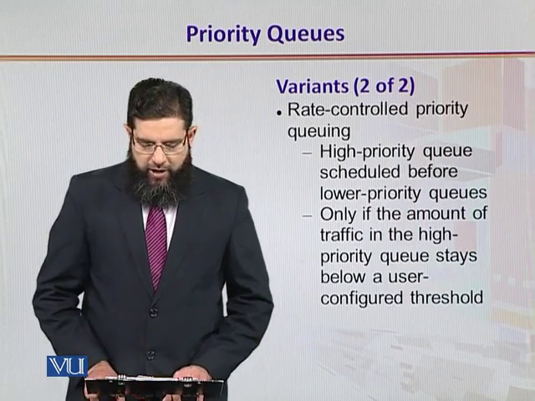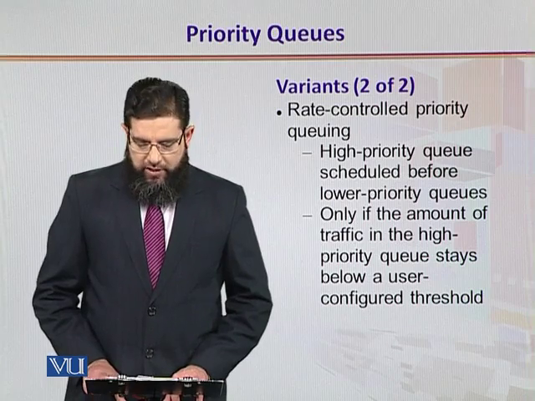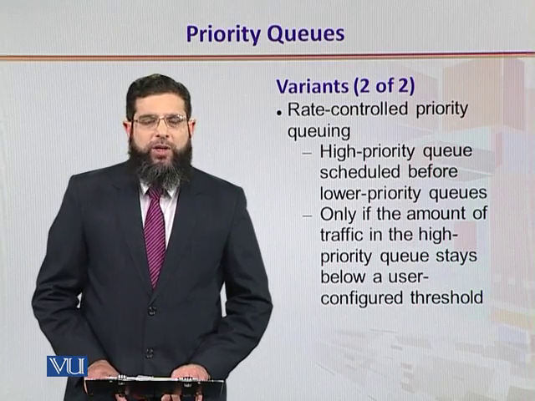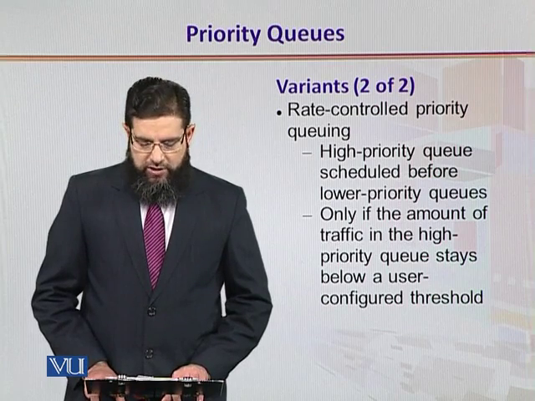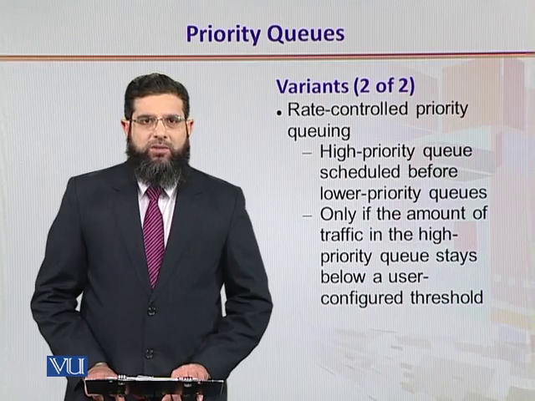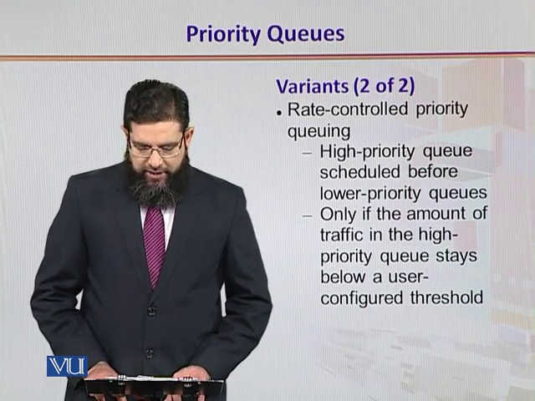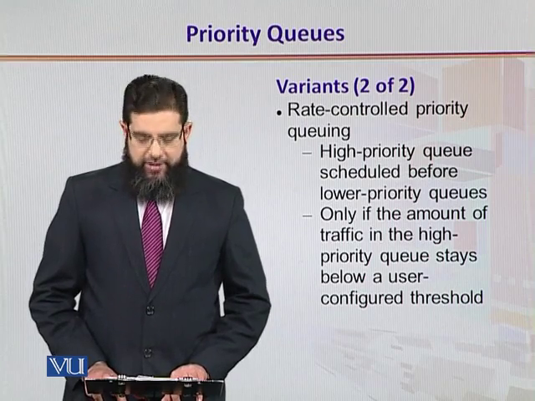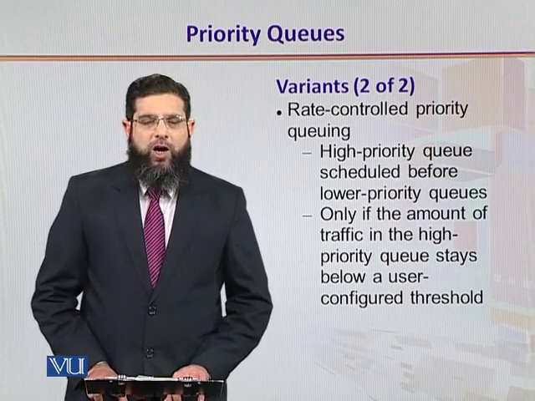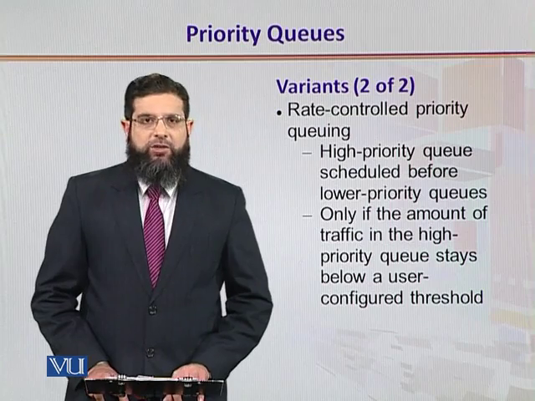But in rate controlled priority queuing, the higher priority queues are always given treatment and preference over low priority queues subject to a condition. And the condition is the amount of traffic that the high priority queues are getting has to be below a user configured threshold.